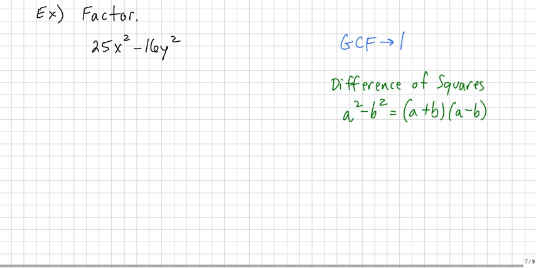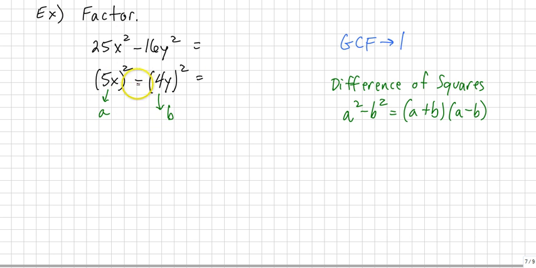I need something squared. Well, I could rewrite 25 as 5 squared. So instead of 25x squared, we could write it as 5x squared, and then I'll have something squared like we need. And instead of 16y squared, I can write that as 4y squared. This will be a, this will be b.